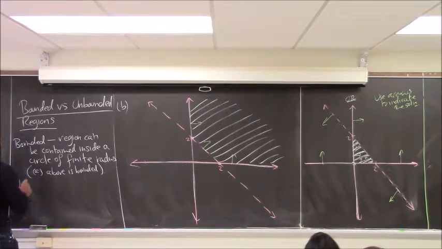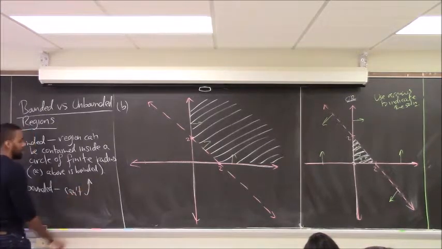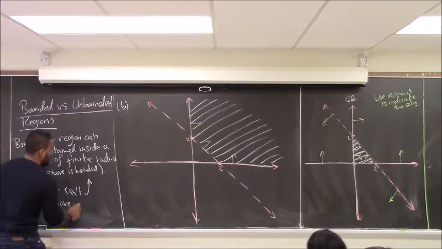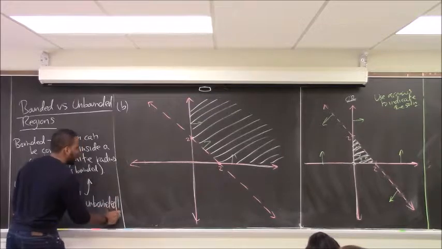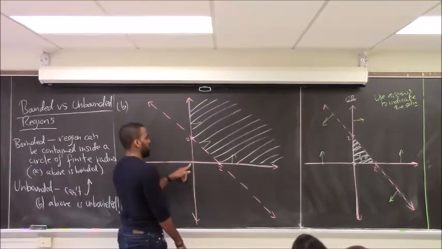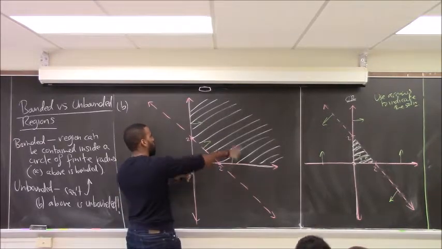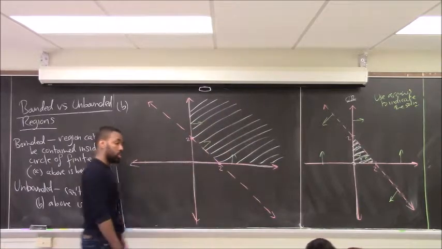Unbounded means you can't do that. So B above is unbounded. You can make the center of a circle the origin, for example, and no matter what size I open the radius, I'll never be able to encapsulate the entire shaded region.